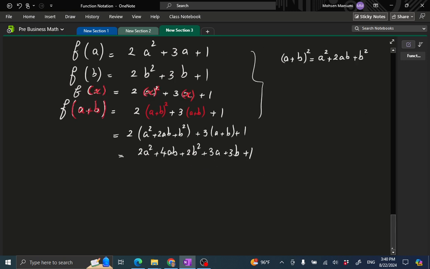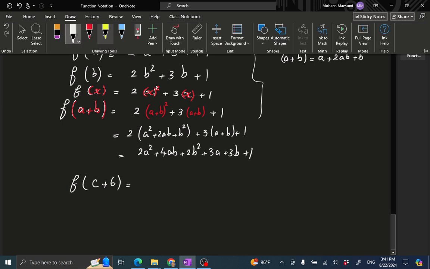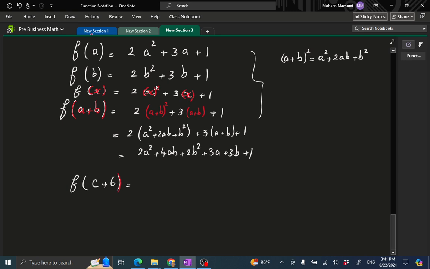Let's go ahead and do another practice. Suppose I ask you what is f of, say, c plus, what number is good? c plus 6. So again, we emphasize: take your input and wrap it, or just take it with its wrapper. It's like you're taking some stuff that you want to ship to somebody, you put it in a box, and then you wrap it very well so that your stuff doesn't spill over with the next person's stuff.